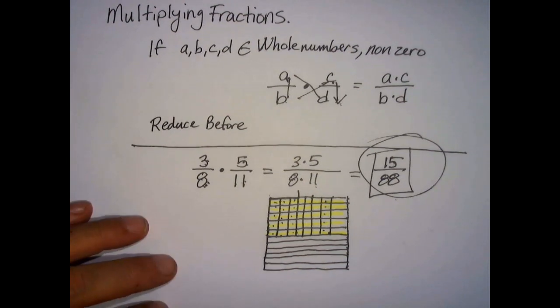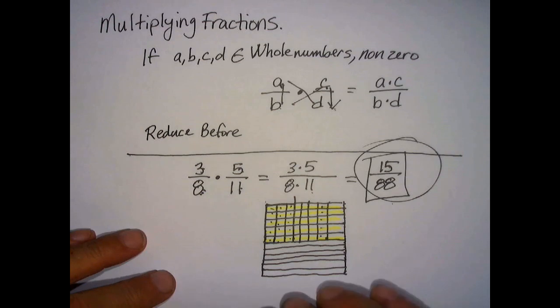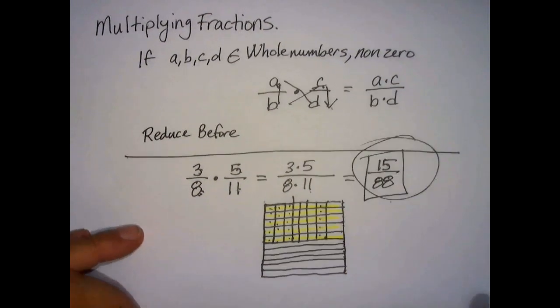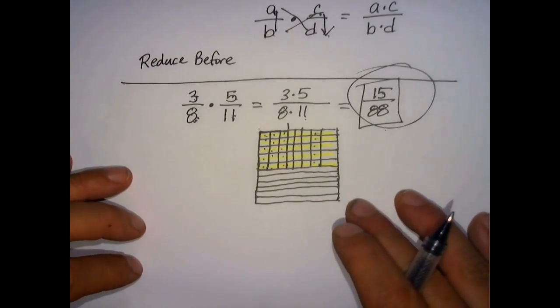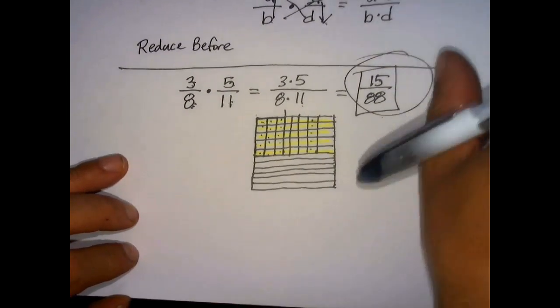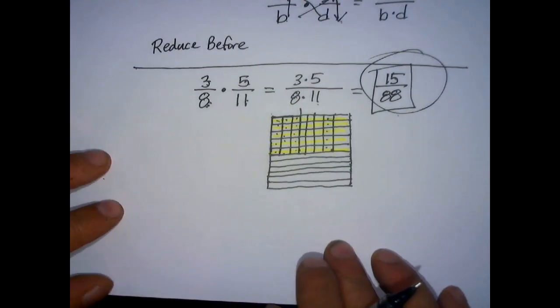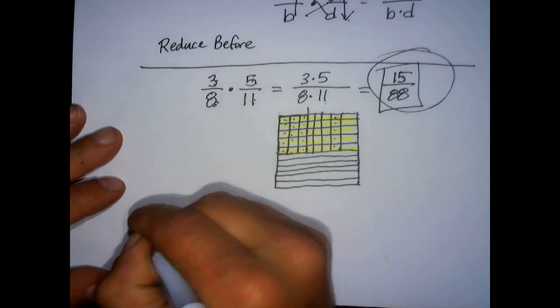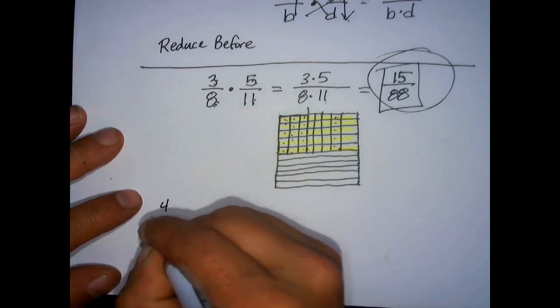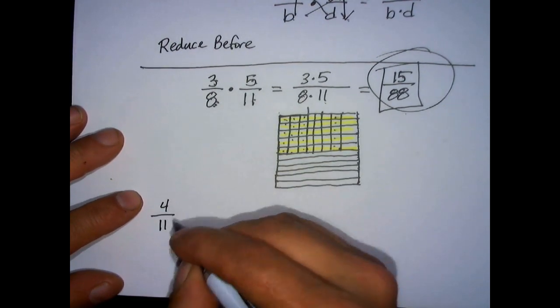But let's do some examples where we may have to reduce before we multiply. And we're also going to look at some examples of mixed numbers and improper fractions. First one, 4/11ths times 2/3.